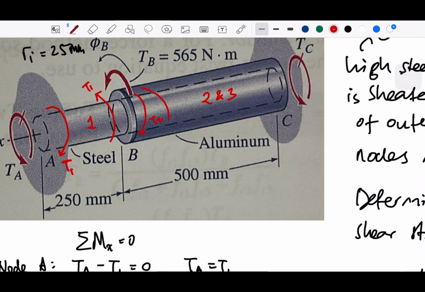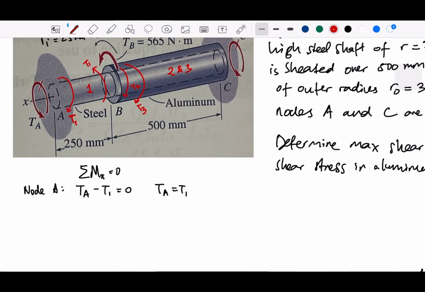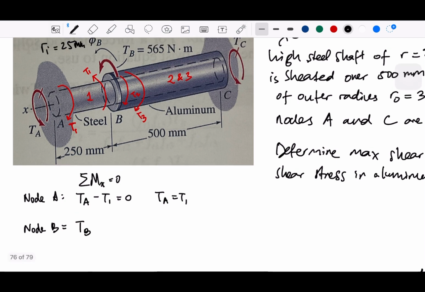And the outside, with the same direction as T2, is T3. So node B is TB plus T1, it's the same direction, and then minus T2 minus T3 equals 0.